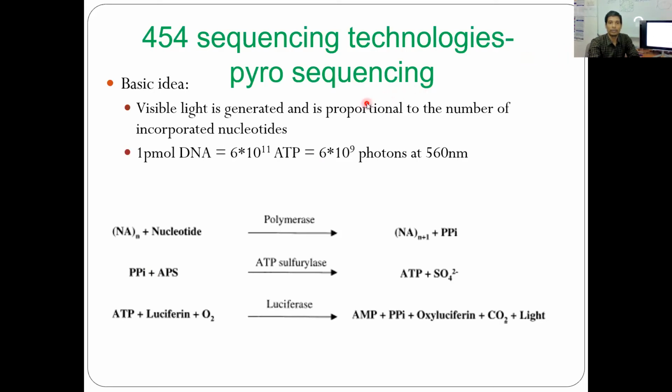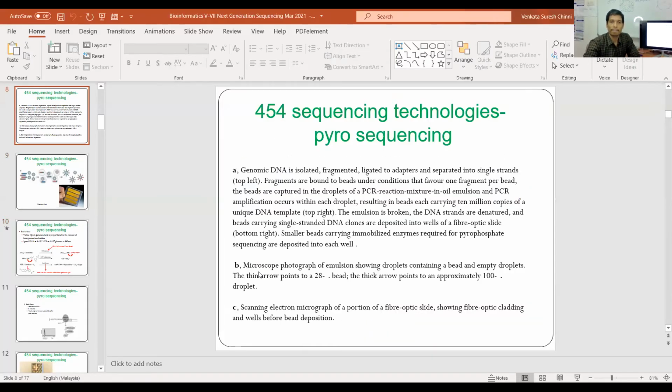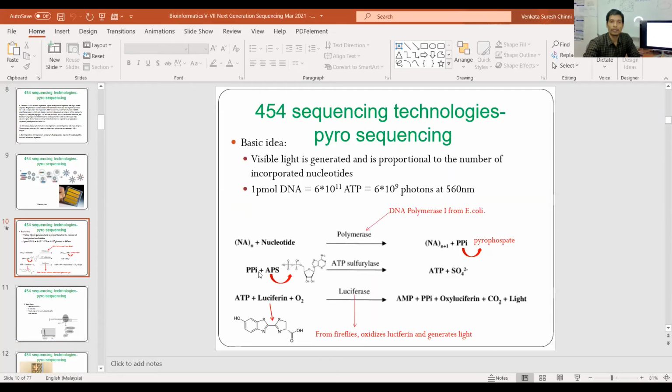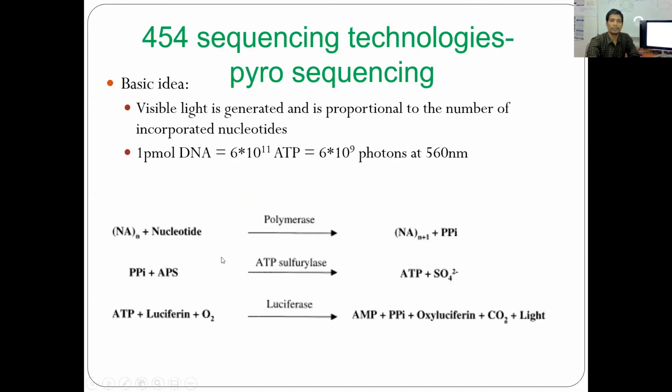So the pyrophosphate released in the first step, that is when you added one nucleotide at a time, I gave the example of dTTP, will react with the APS. APS stands for adenosine something. I'll check and let you know. It should not be ammonium persulfate, because see what is happening here. If you understand the reaction, you can guess, because ATP is produced.